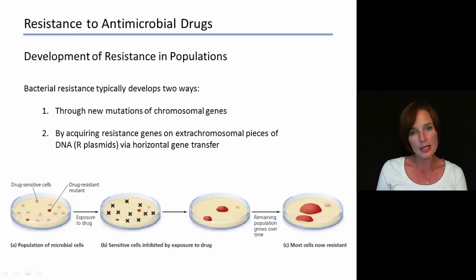There happen to already be some cells that are resistant to the drug that we're going to use, and so when we do expose the cells to that drug, almost all of the cells die off because they are susceptible, but you do have the resistant ones that survive. And they survive, they will then multiply and reproduce. And then if we look at later generations, we're going to find that they do have a much higher percentage of resistant bacterial cells.